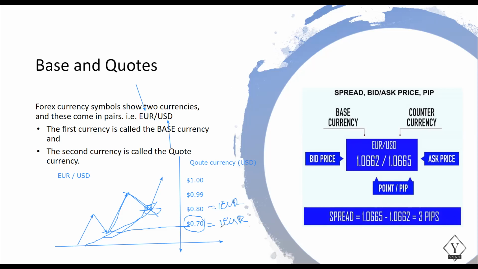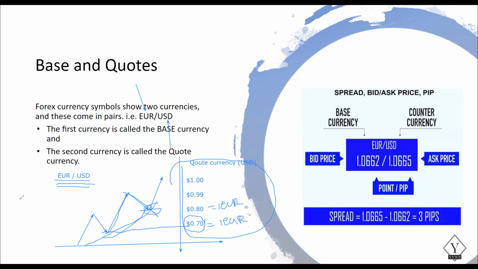So let me just recap this again. This is the code price in dollars because the dollar is the code currency in this currency pair, right? In this currency pair, the code currency is the dollar.